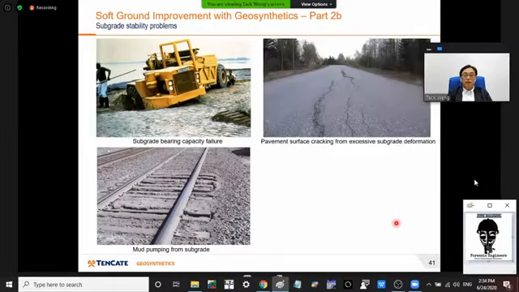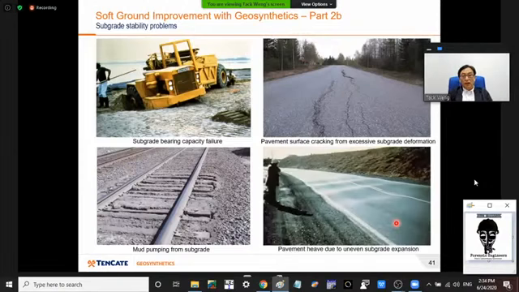You can also have pavement surface cracking from excessive subgrade deformations. And also, if you are in expansive soil, it expands or swells up. This pavement can heave, and it can give you a lot of problems. And typically, it is the bentonite clays that are causing this type of problems.